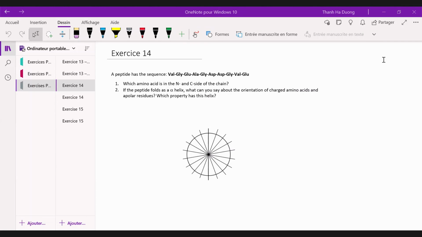We have a peptide with this sequence. First question, very simple. Which amino acid is on the N side and the C side of the chain? So you should know that. The N side is on the left or on the right? On the left. N on the left, yes, and C on the right, correct.